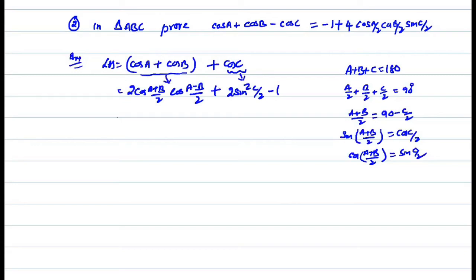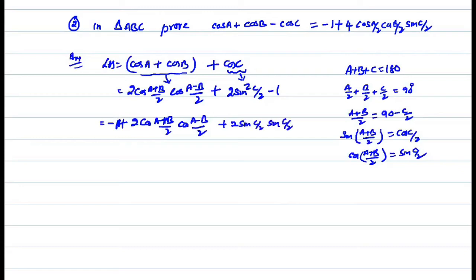So this is 2 cos (A+B)/2 cos (A−B)/2, and I can write minus 1 here, then plus 2 sin C/2 as 2 sin C/2 into sin C/2.